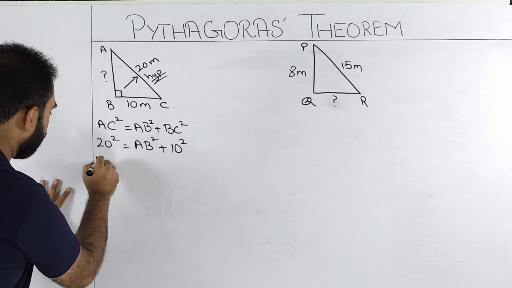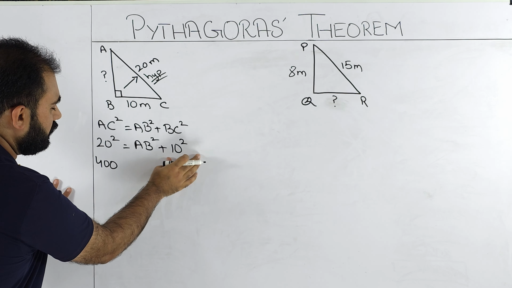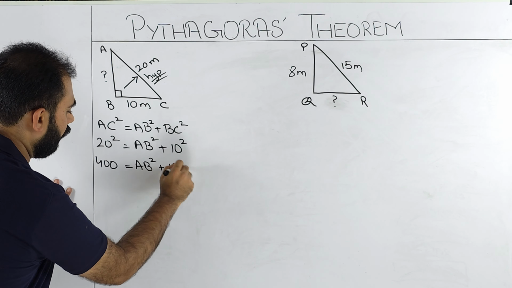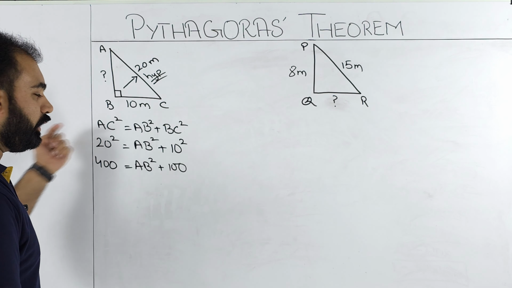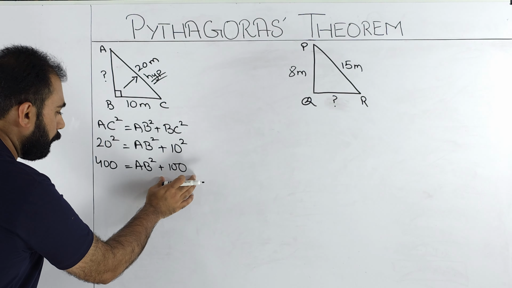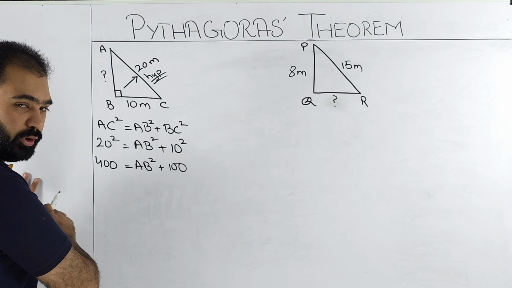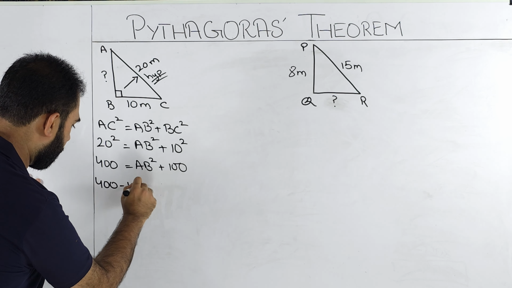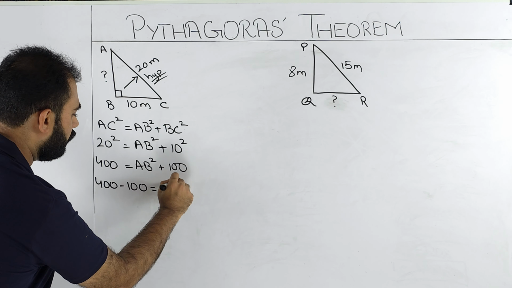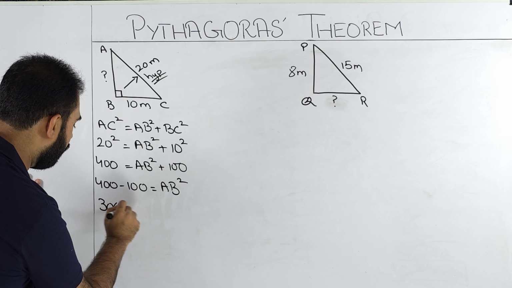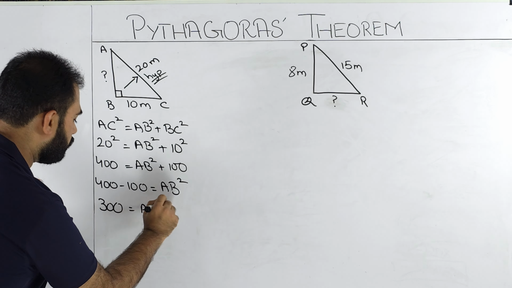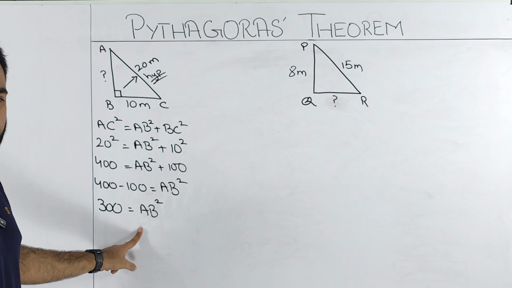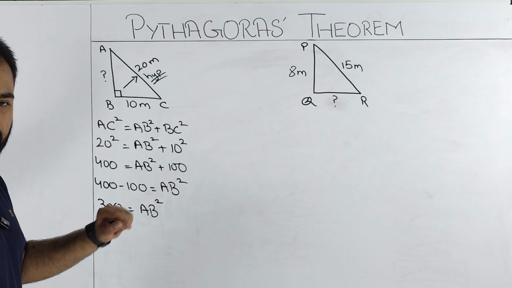Now, 20 square is 400. This is equals to AB square plus 100, since 10 square is 100. This 100 will go on the other side of equals to sign. It is plus 100 on this side; on the other side, it is going to be minus 100. 300 is equals to AB square. In order to find out the value of AB, I need to apply square root on both the sides so that square is removed.